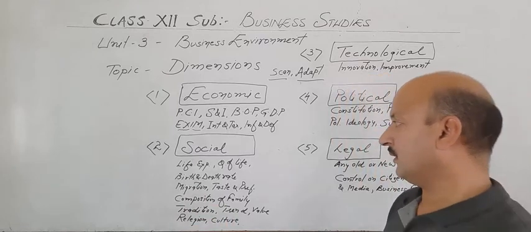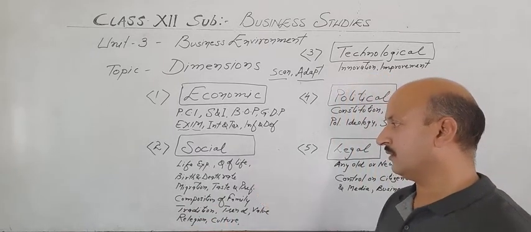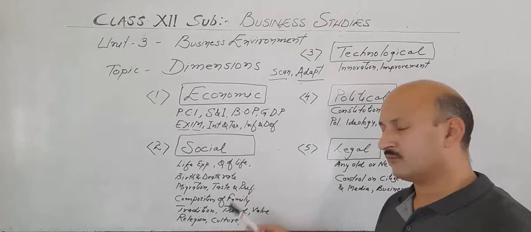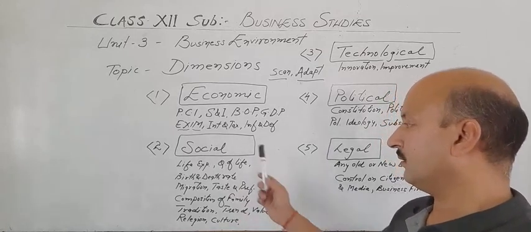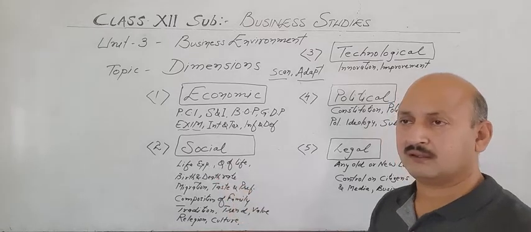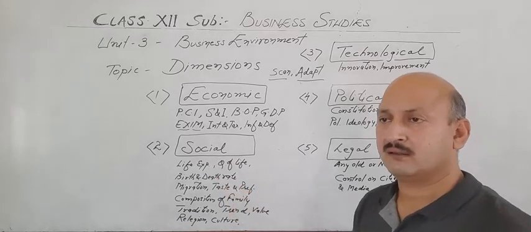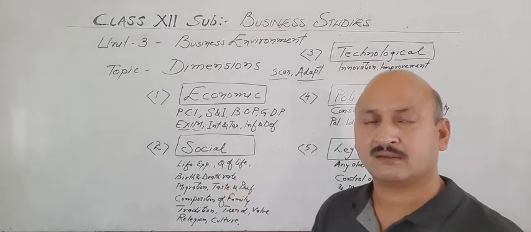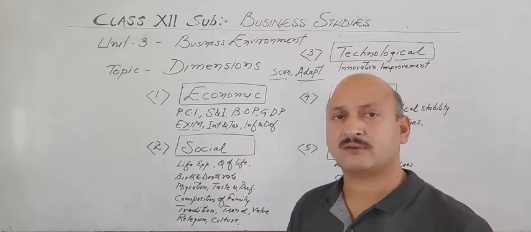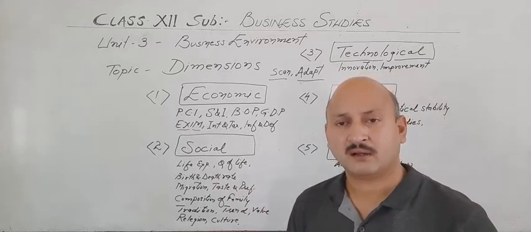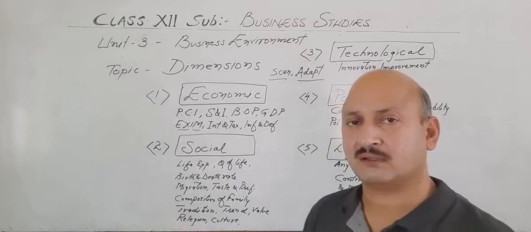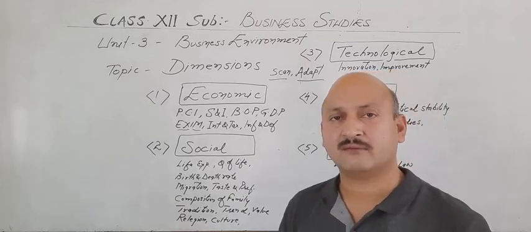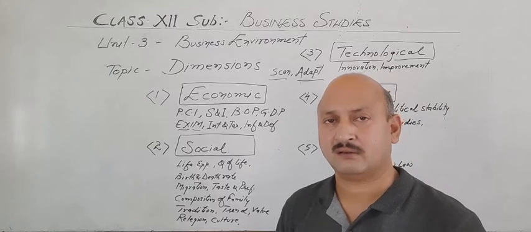Let's move on to the next point, that is social environment, and it comprises of many items like life expectancy in a country. In India, it is almost 65, means after 65 there is no surety of life in general, or it is an average of whole country.